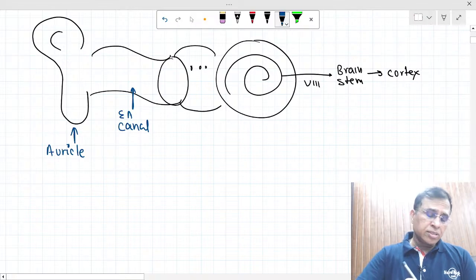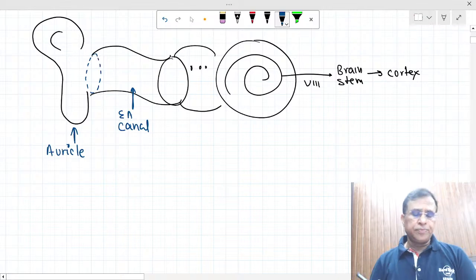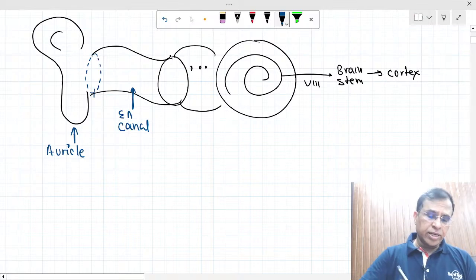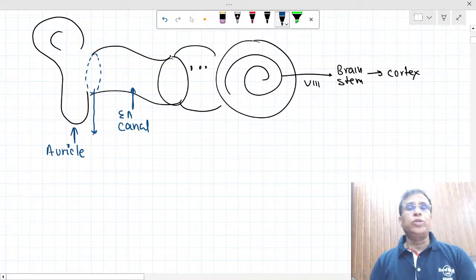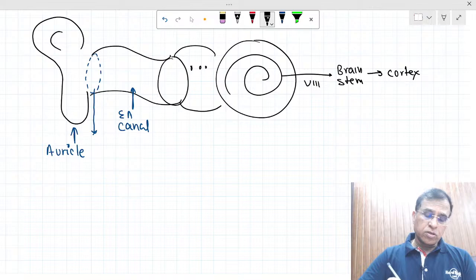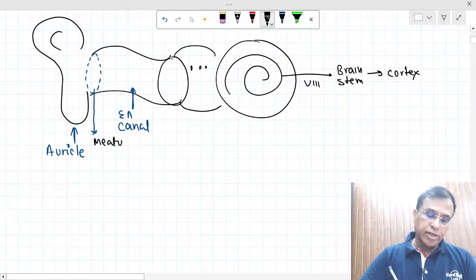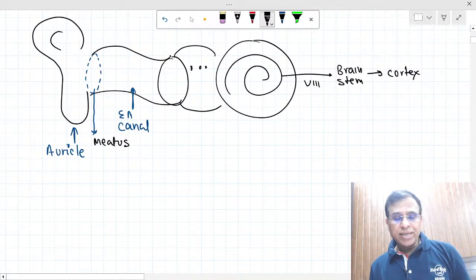Now this, where I'm drawing the dotted line, this is like the door of the canal, or you can say, the entry point to the canal. And this entry point, which is like a door, is called what? Meatus, or external auditory meatus. So meatus is like a door of the canal.